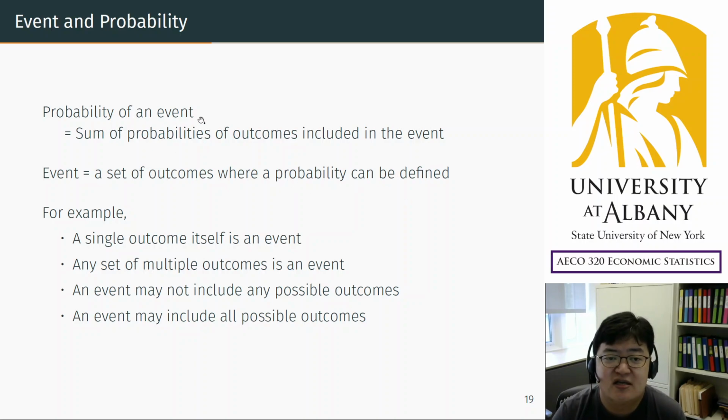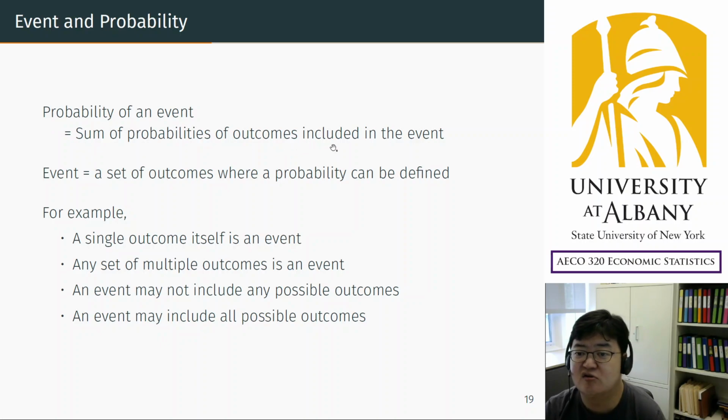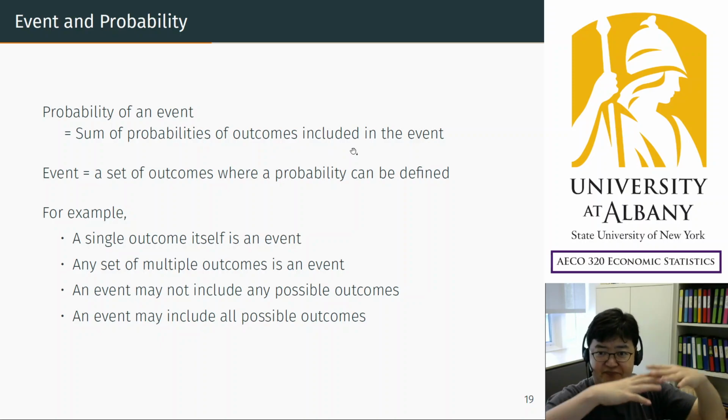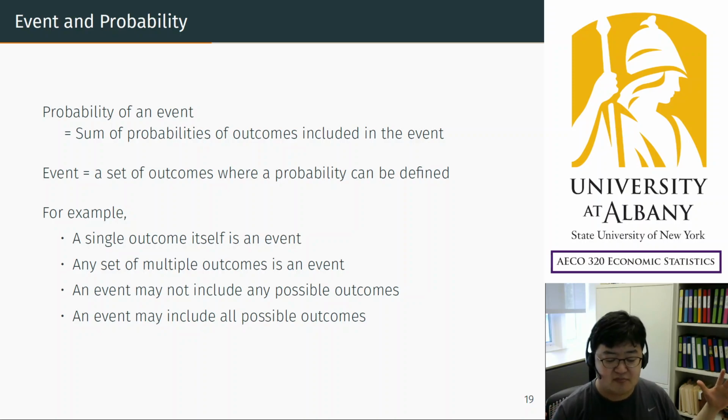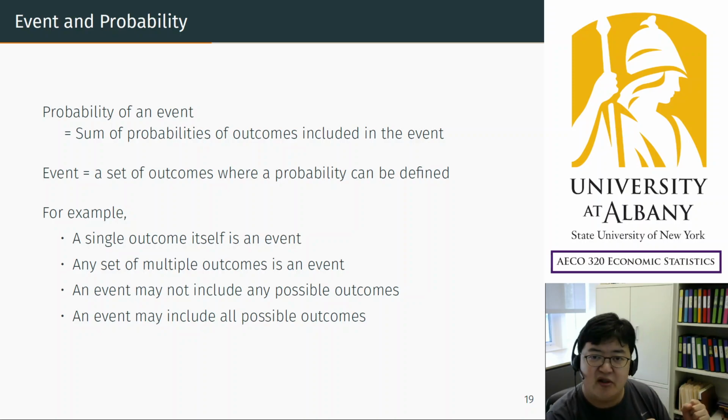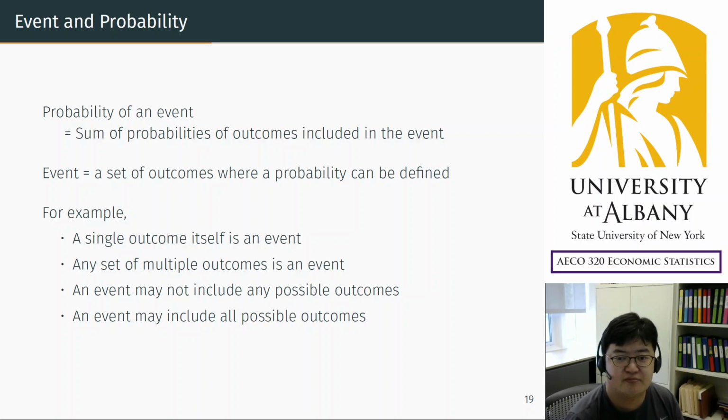And an event's probability can be defined as the sum of probabilities of the outcomes included in that event. So an outcome is an element of an event. When you define probability for an event, you can look at the probability for each of the single outcomes in the event.